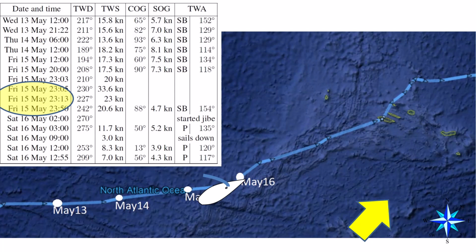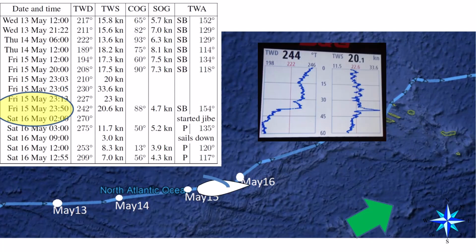Then a bit more time passes, less than an hour, and it's now gone down to a fresh breeze. I'm sailing due east, and I actually took a picture around this time of my instrument panel here at my chart table, where you can see here on the left the wind direction suddenly changes by 15 to 20 degrees, and at the same time the wind speed jumps from about 20 knots to 33.6 knots.